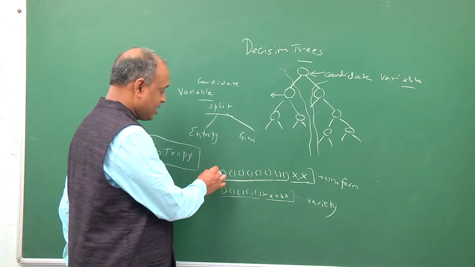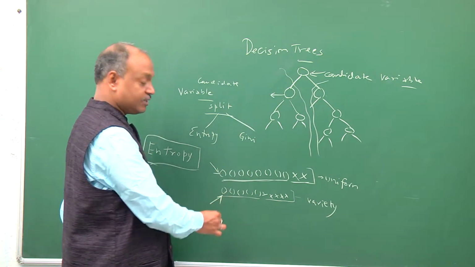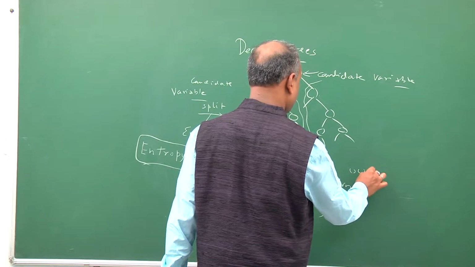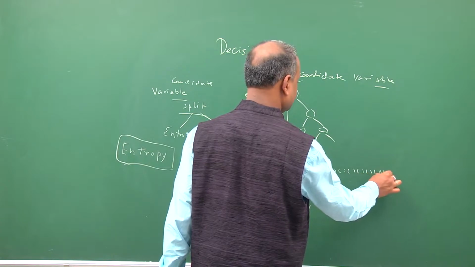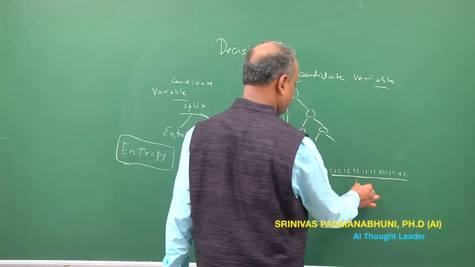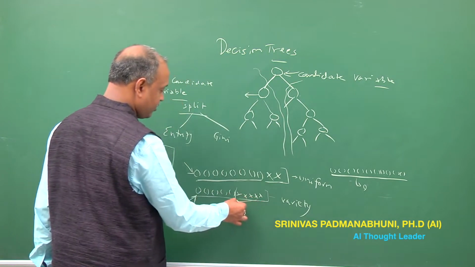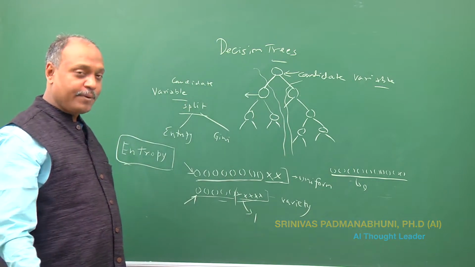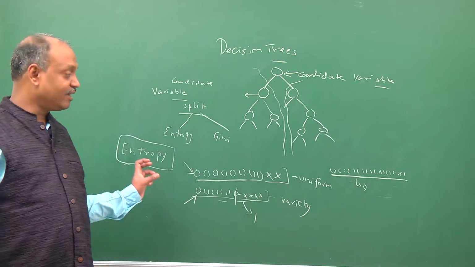In this context, the entropy of this, which is more uniform, is lower than the entropy of this. In the extreme case, if all of them are of the same type, we call that an entropy of 0. On the other hand, if you have something equally divided into two types, this has a perfect entropy of 1. So entropy is a quantitative measure of non-uniformity or variety in a sample.